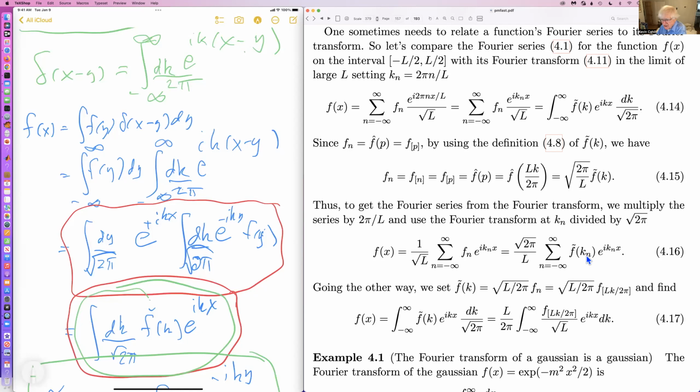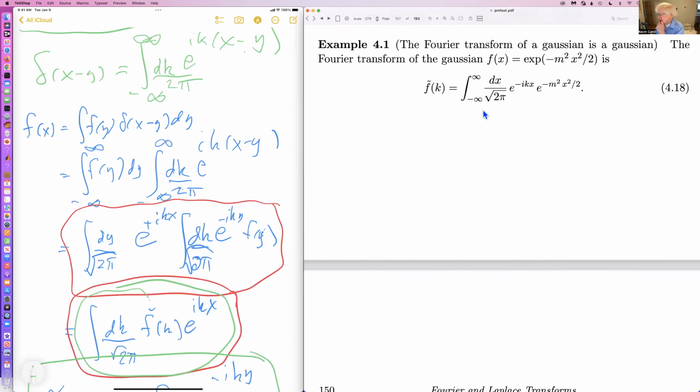Anyhow, last time we did the Fourier transform of a Gaussian, maybe I'll go through that quickly because we already did it. The Fourier transform of a Gaussian is a Gaussian. That's the important thing to know.